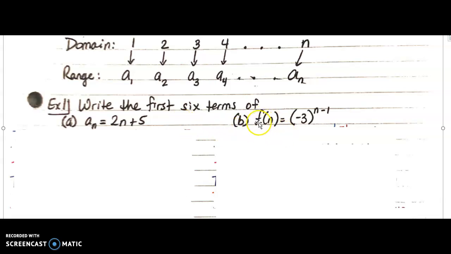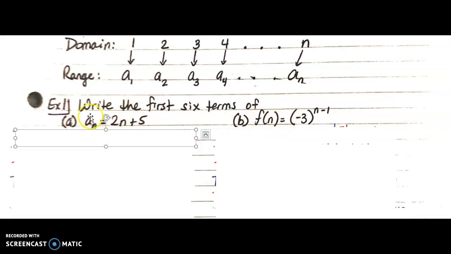Similarly over here, this is more like function notation. We have f of n equals negative 3 to the n minus 1. Again, f of n is the placement of the term, and then we plug that in here to calculate and get the value. So these are the rules, aka formulas, aka functions.